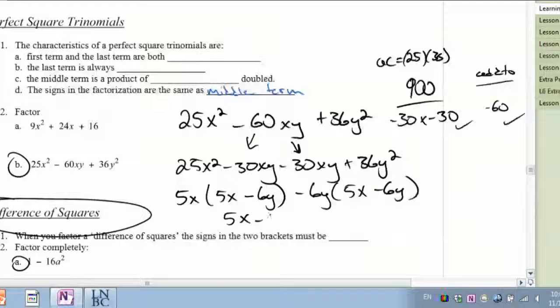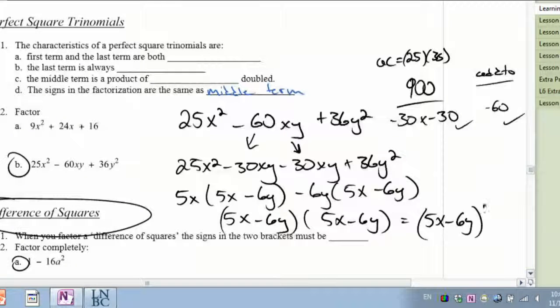So I end up with 5x minus 6y and 5x minus 6y, which I can write as 5x minus 6y squared. So the decomposition method that I showed you guys works for these.